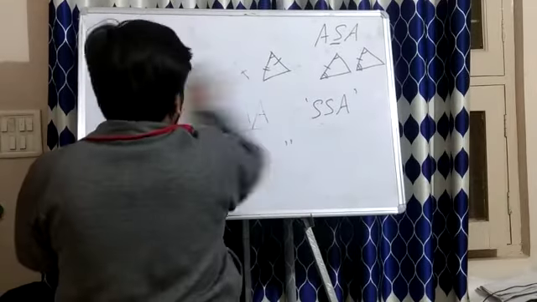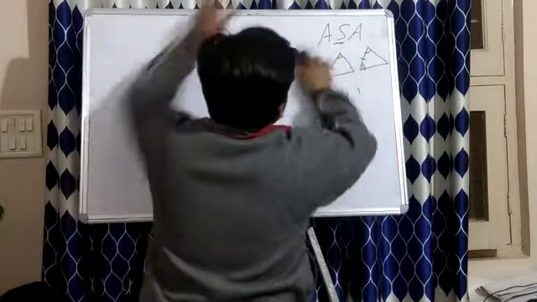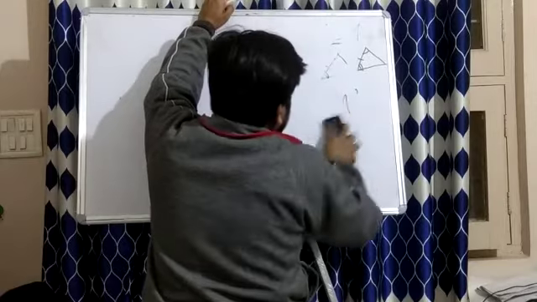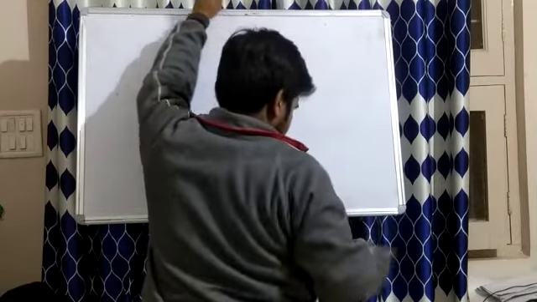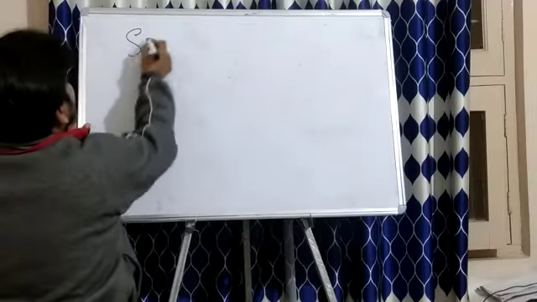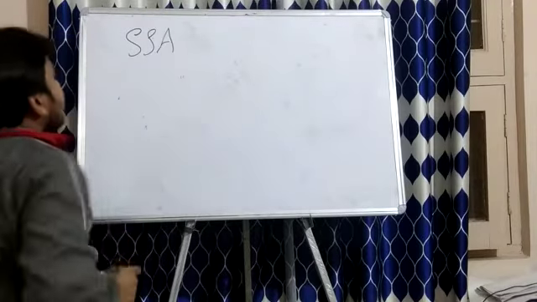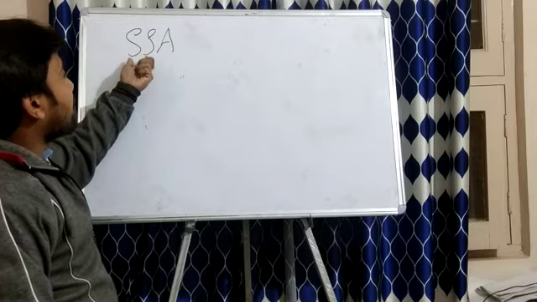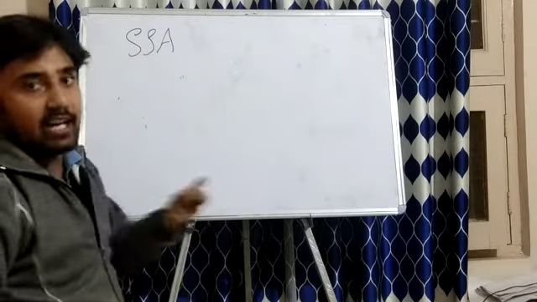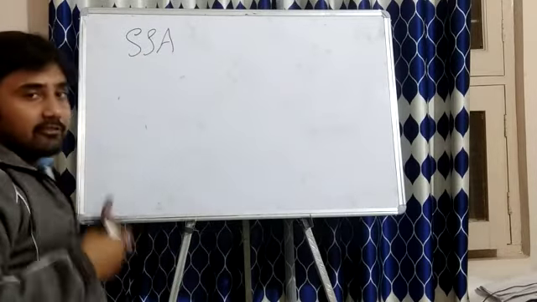Now, in SSA, if two pairs of corresponding sides and an angle are equal, let us see whether we have a congruency or not.